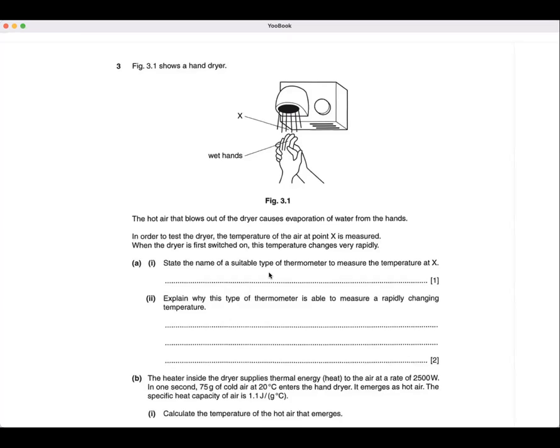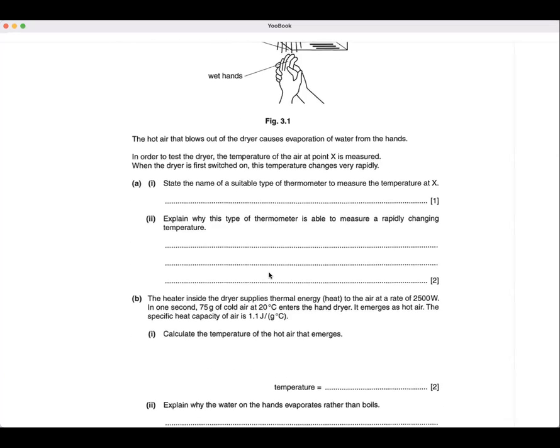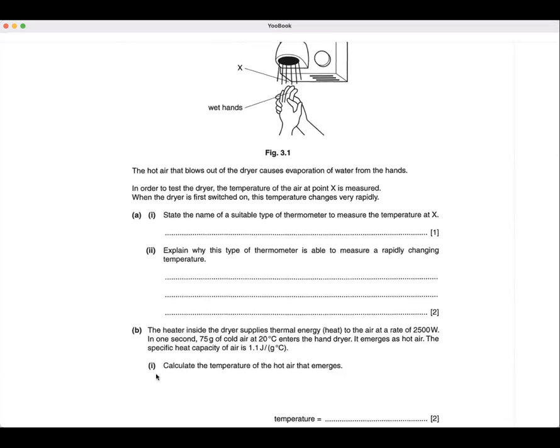Okay, I will skip A1 and 2. So can you all just calculate part 1 now? Okay, part 1 now. Quickly, everyone.